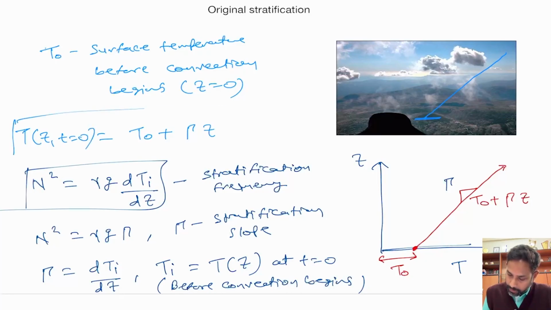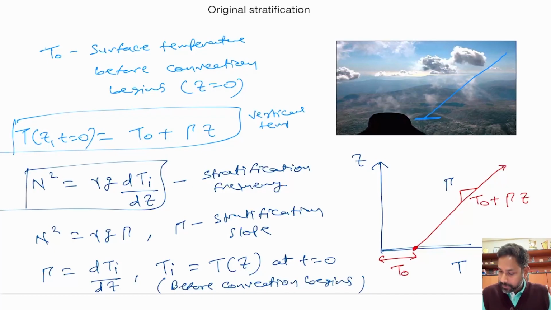So that to make it more clear, so vertical temperature before convection, right? So this is the temperature profile we have in the atmosphere before convection begins. So we can also call it the initial temperature.